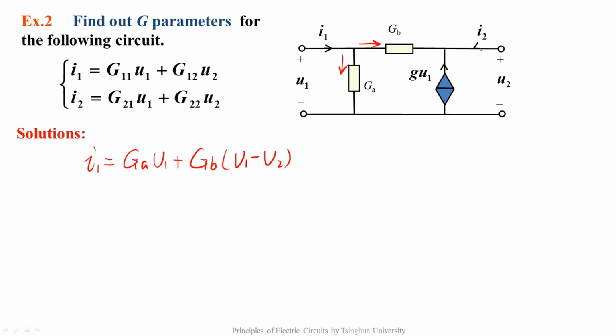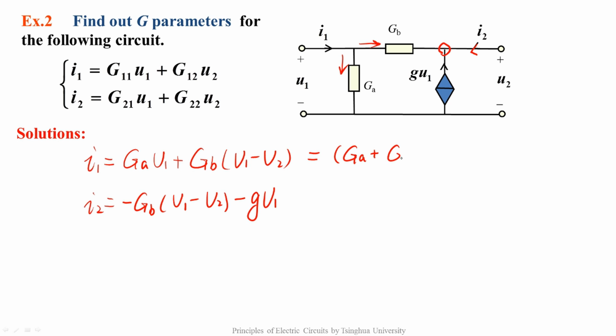Then, applying KCL to this node, I2 equals the current through GB minus the current through the voltage-controlled current source. They are minus GB times U1 minus U2 and G times U1, respectively.